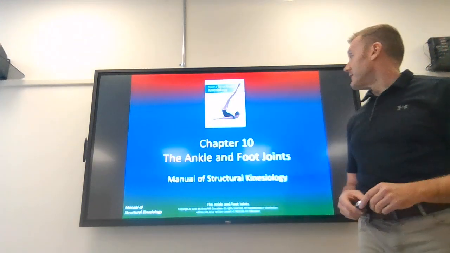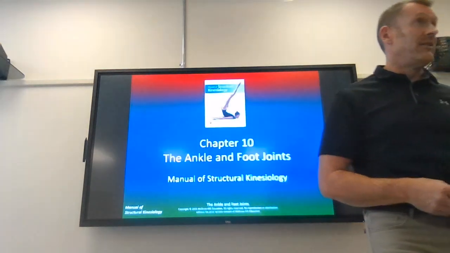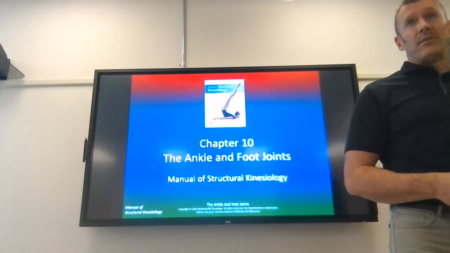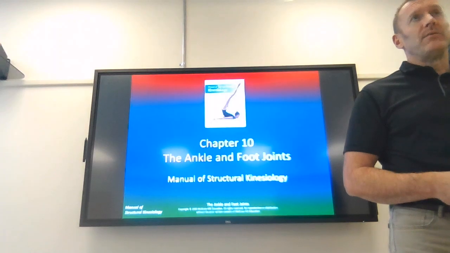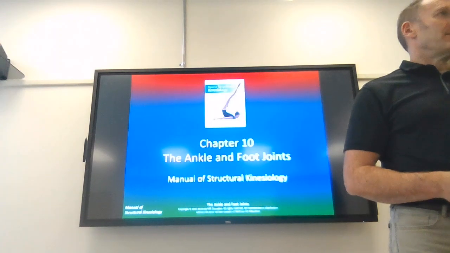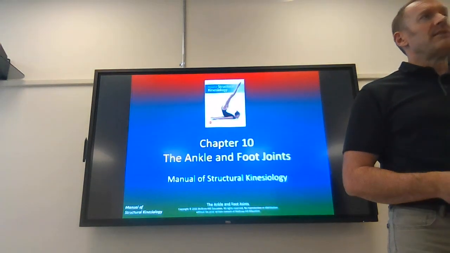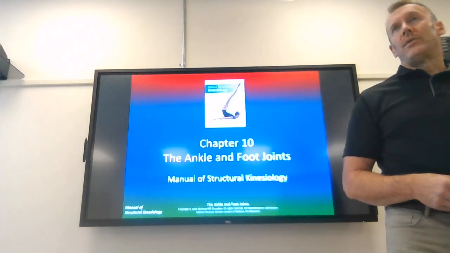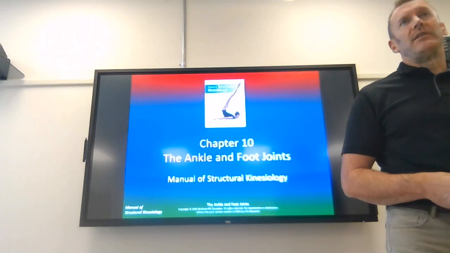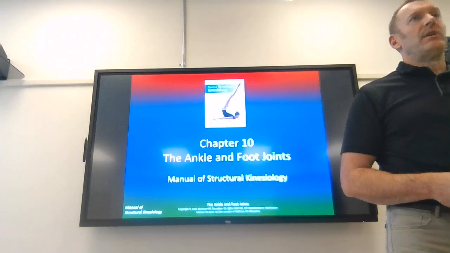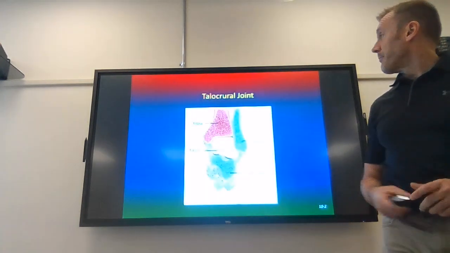Okay. All right. So we're progressing on down the lower extremity, so from proximal to distal, just like we did with the upper extremity. So you'll see some similarities that we saw with chapter 7 with the wrist and hand, with the ankle and foot, but obviously some key differences.